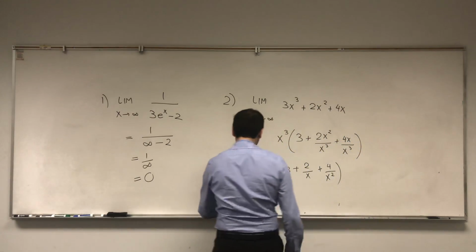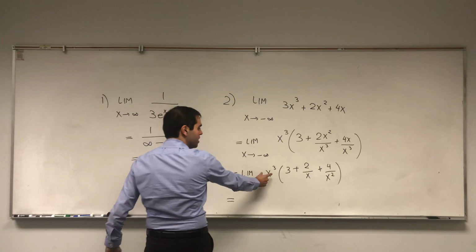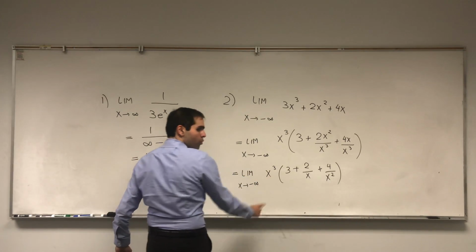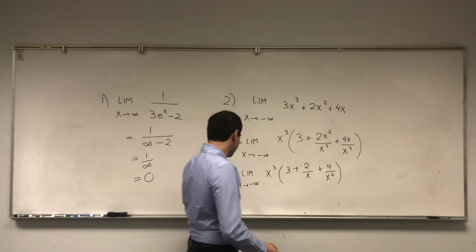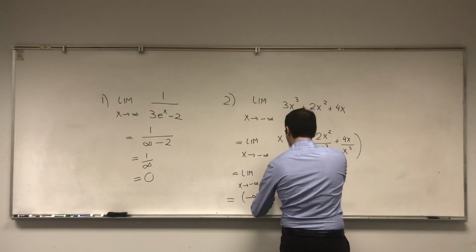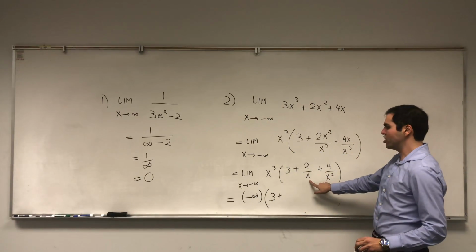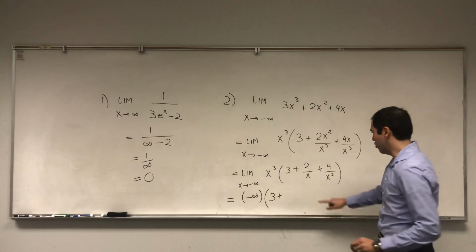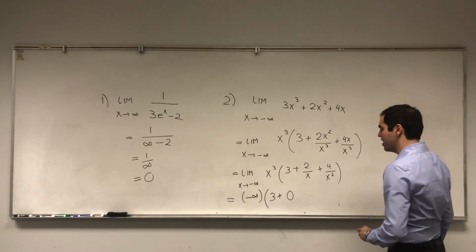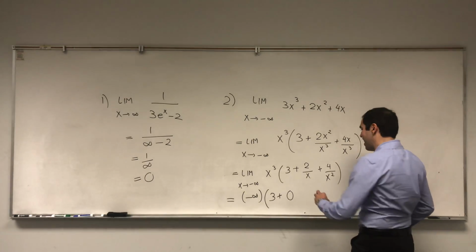And then let's see what this becomes. As x goes to minus infinity, this becomes minus infinity cubed, which is still minus infinity. And in this other factor we get 3, and then 2 over a very large negative number becomes 0. And then 4 over a large negative number squared, that's 4 over infinity, and that's 0.